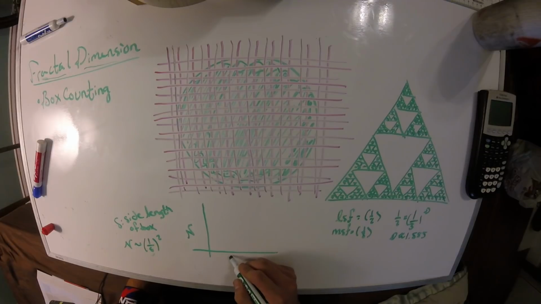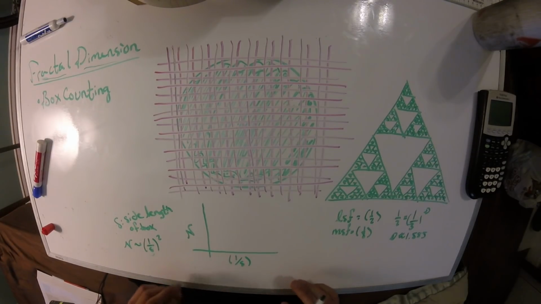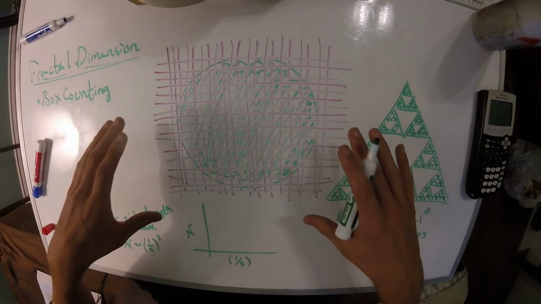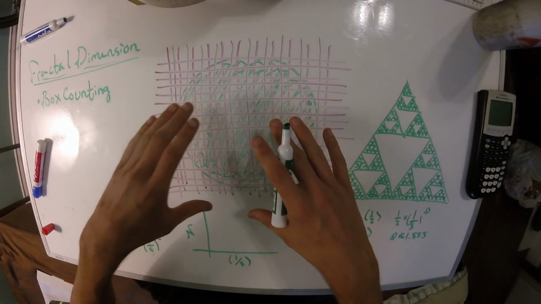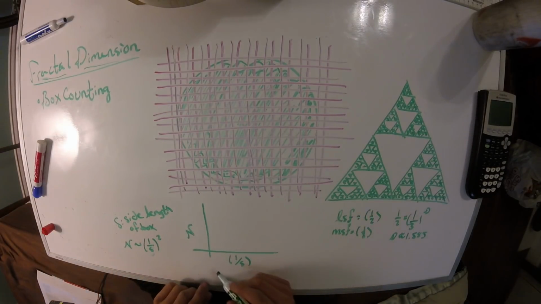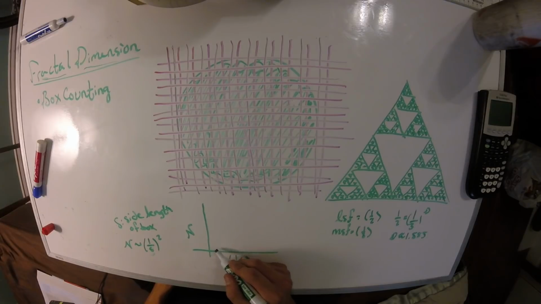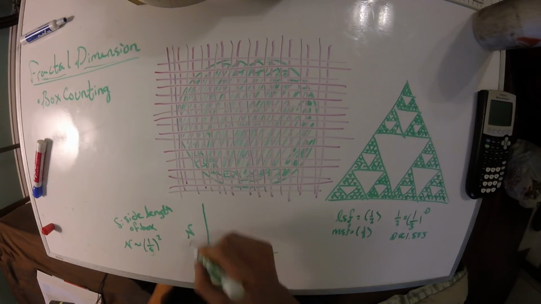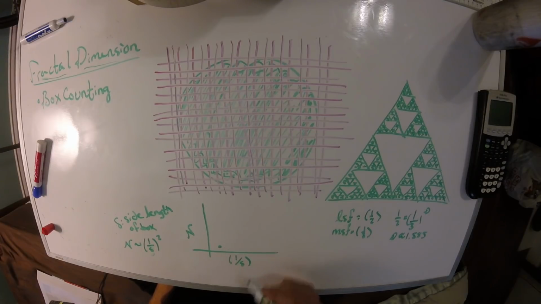against 1 over s, so it's like we make these grid boxes smaller, we count the number of grid boxes, and we put down a dot for the number of boxes that touched at that side length, n versus 1 over s.